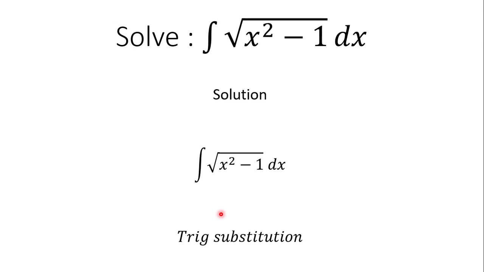So to use the trig substitution approach, first we need a right angle triangle. Not just any triangle, but a right angled triangle.